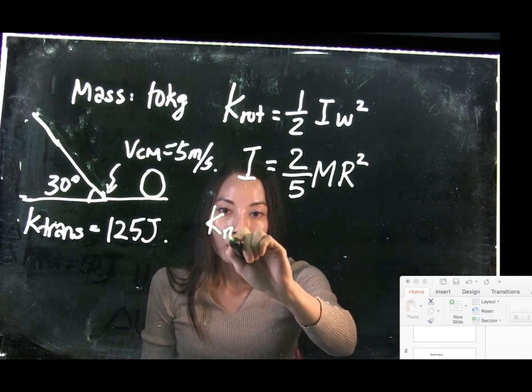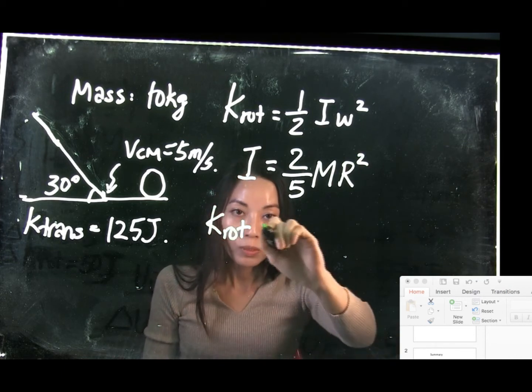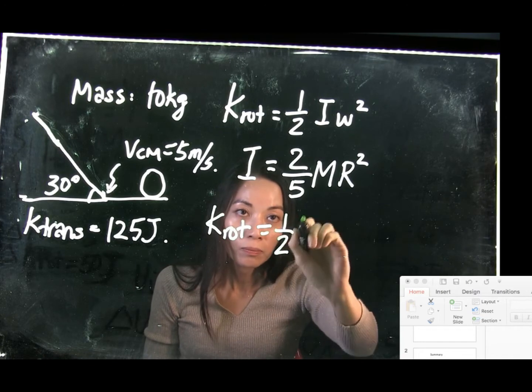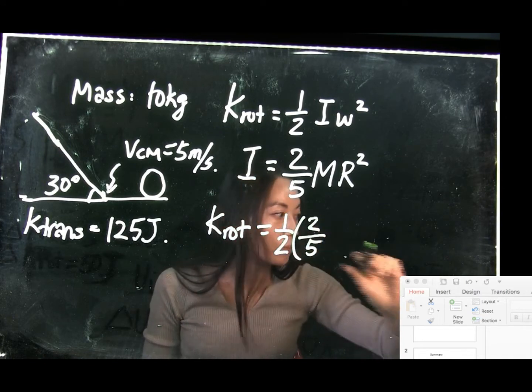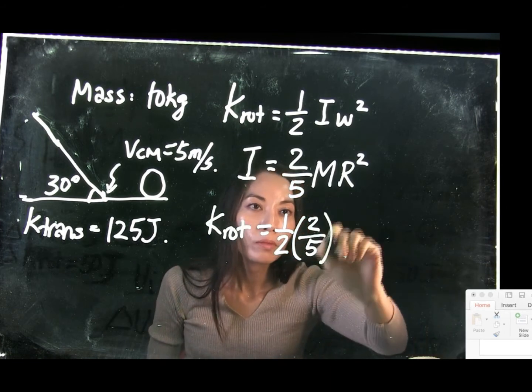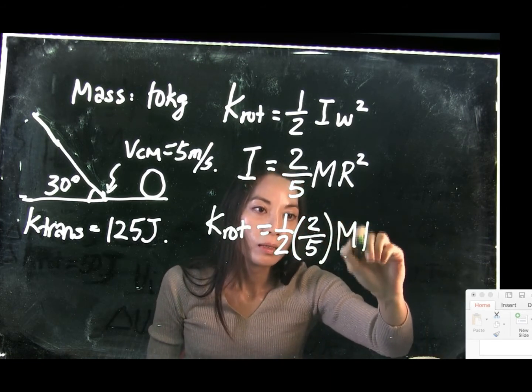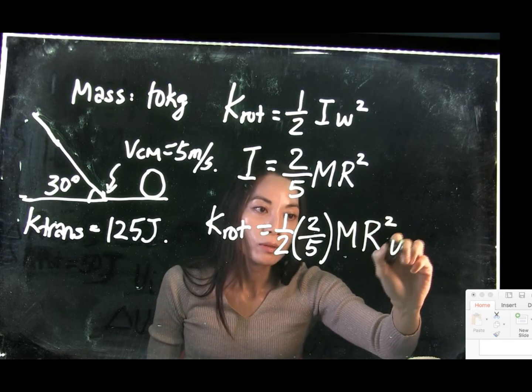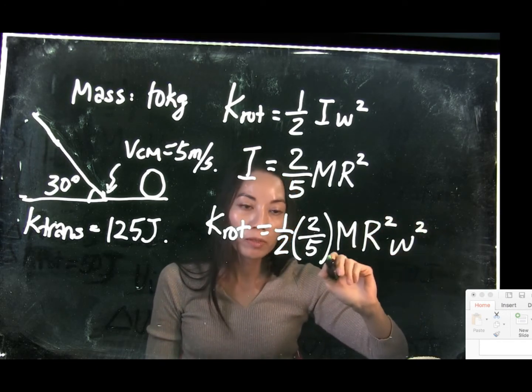So that makes the rotational kinetic energy equal to half times 2 over 5 times the mass and the square of the radius and the square of the angular speed.